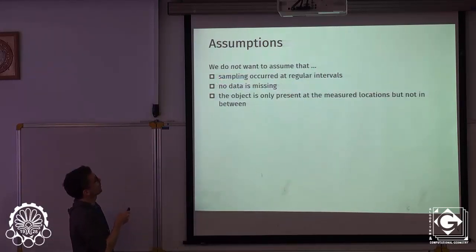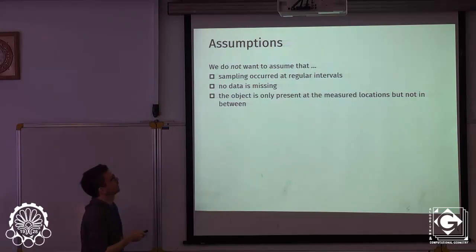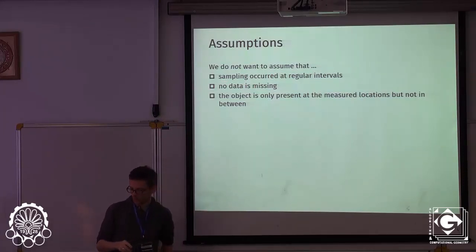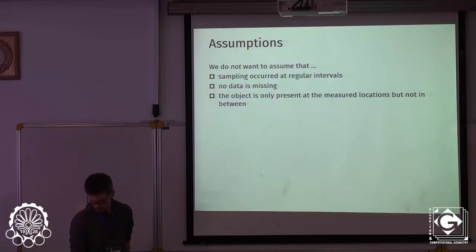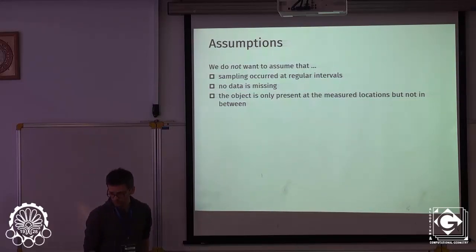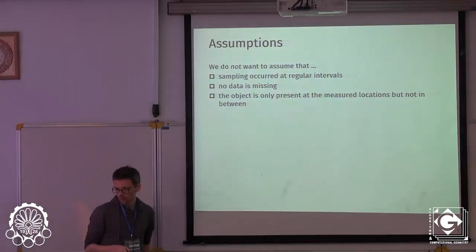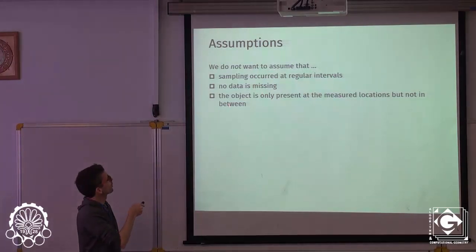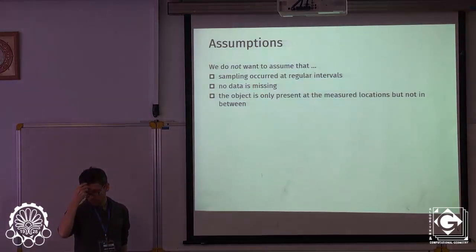Often, assumptions like regular, uniform sampling are made, and we will not want to make that assumption. We will not want to make any assumptions about missing data, so we don't know anything about the trajectory in between.